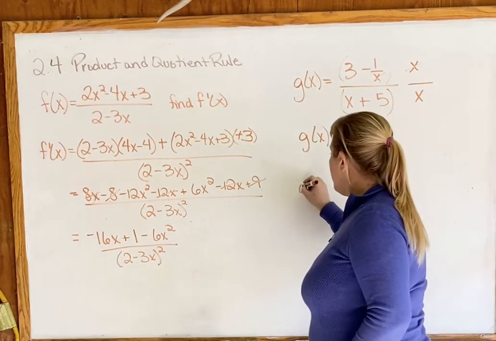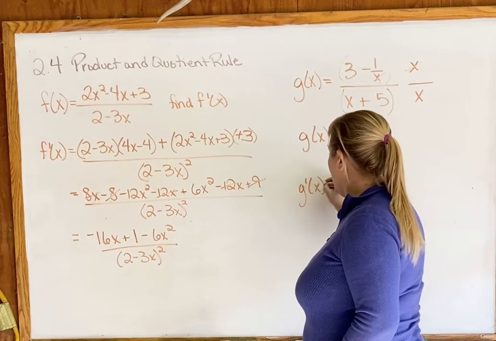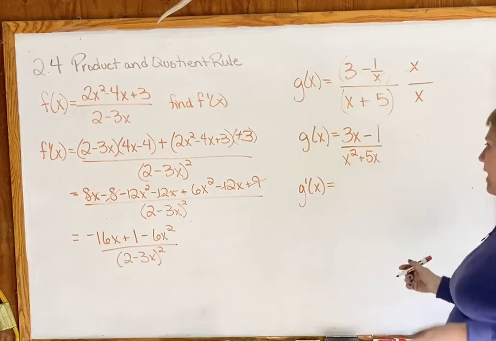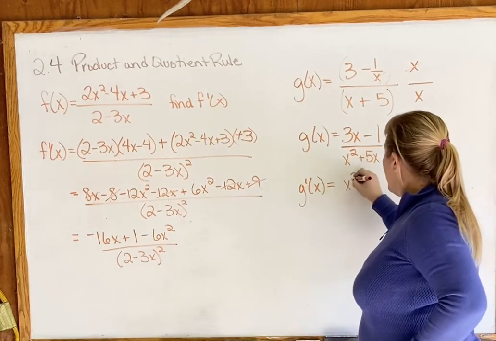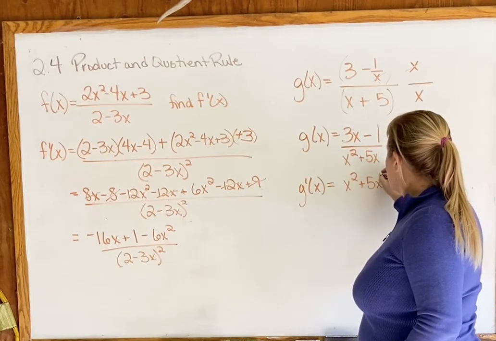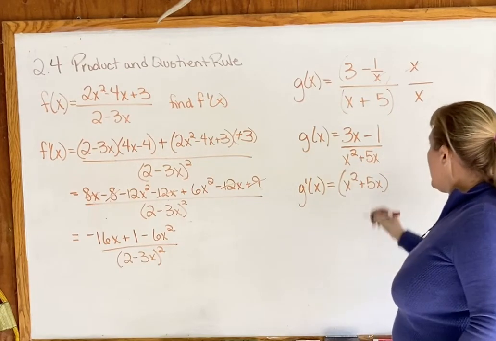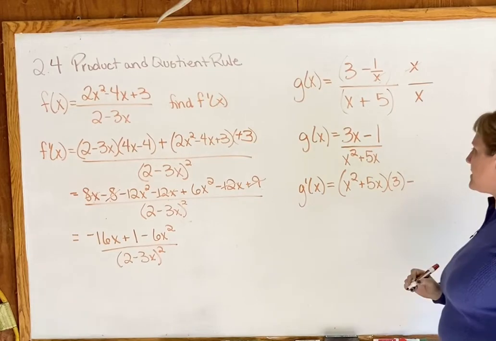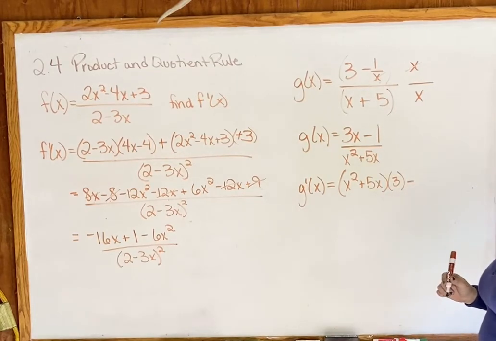Now, if we want to find our derivative, we're good to go. So again, we start our mantra, low d high. So x squared plus 5x, d high is just times 3. Minus high d low.